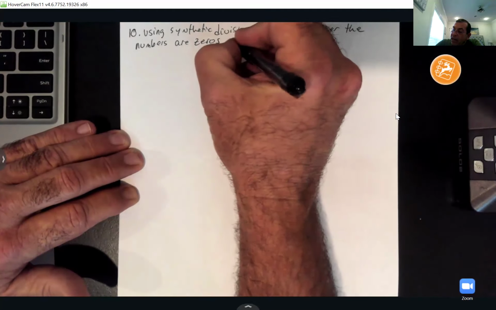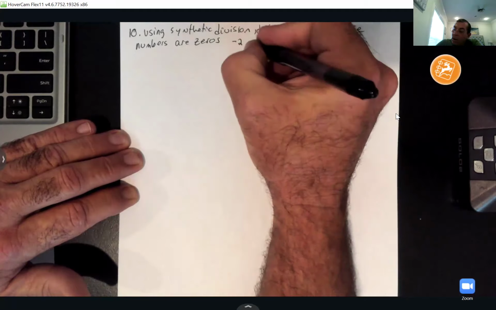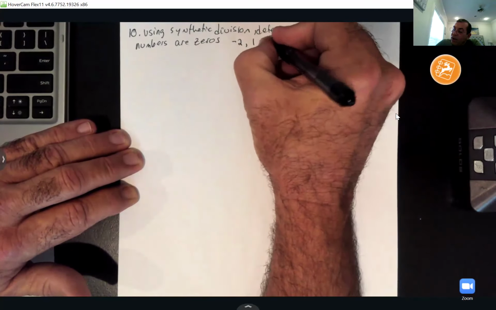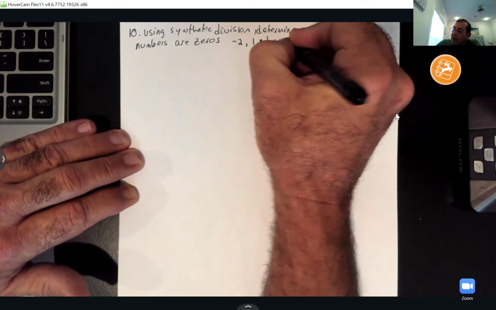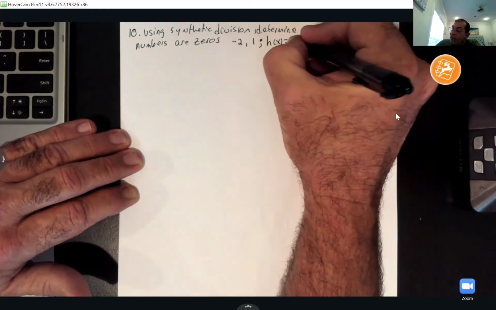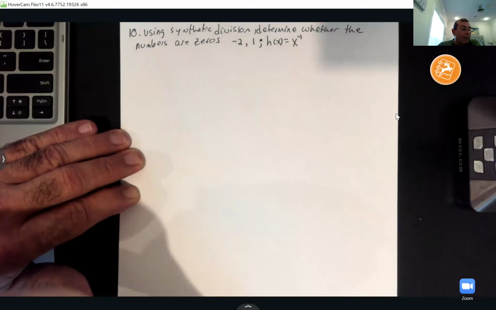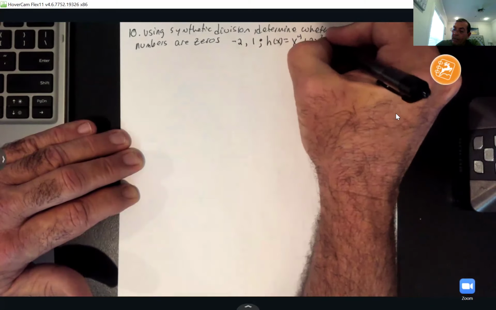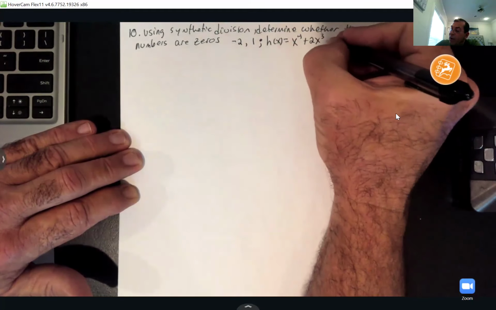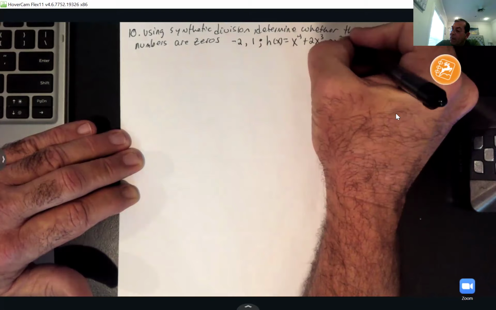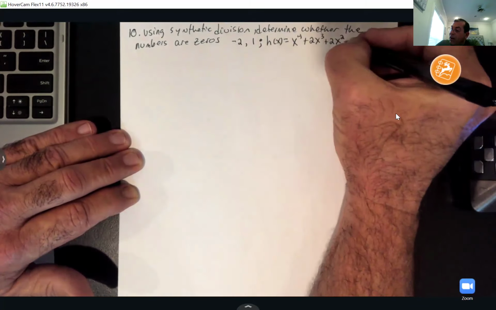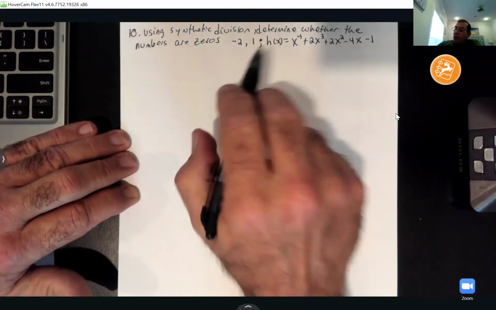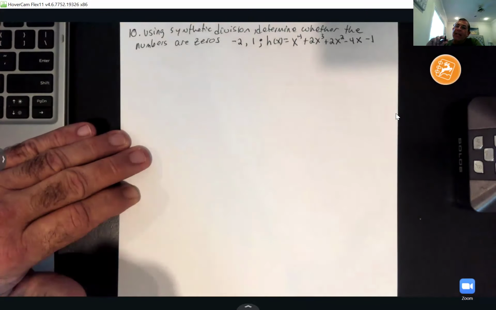They're giving me a -2, 1, and then a semicolon, and my function is h of x equals x to the fourth plus 2x to the third plus 2x squared minus 4x minus 1. So two numbers means we're doing synthetic division twice.